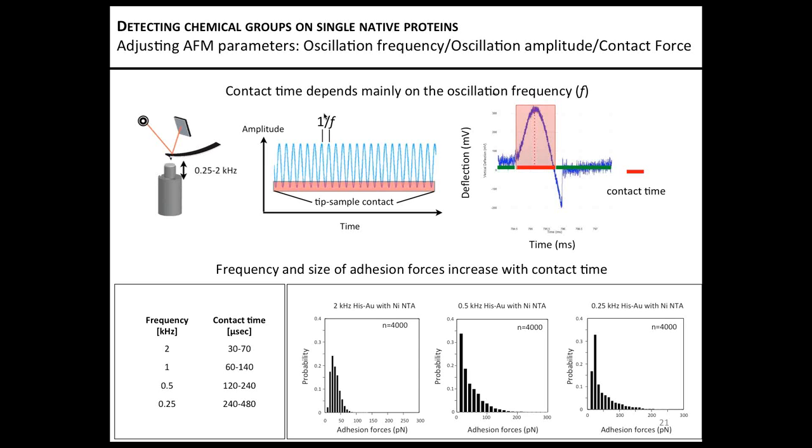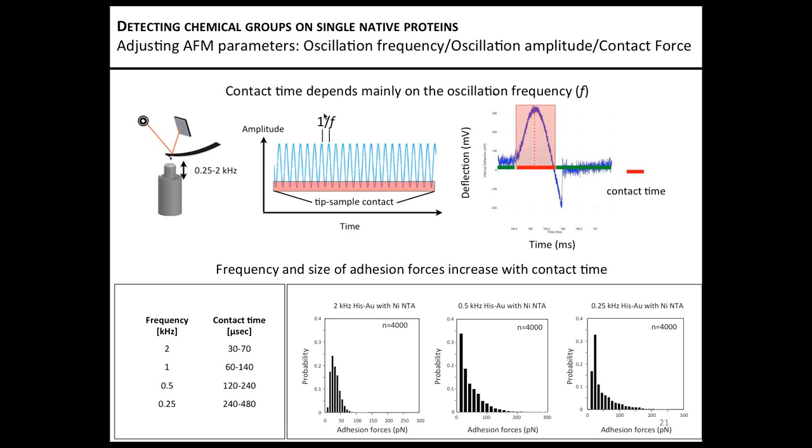Yeah, as I said, I was working in the regime of half a kilohertz, we're also working at a quarter kilohertz. If you go to 1 kilohertz, you need to work with receptor-ligand interactions that have quite a low activation energy barrier, or let's say quite a low dissociation constant.